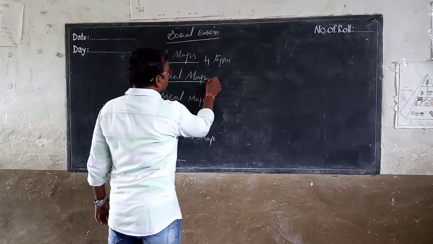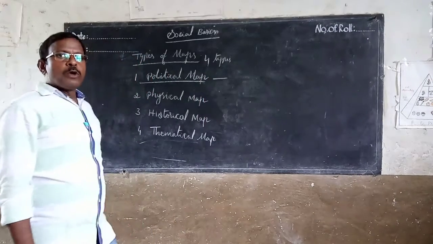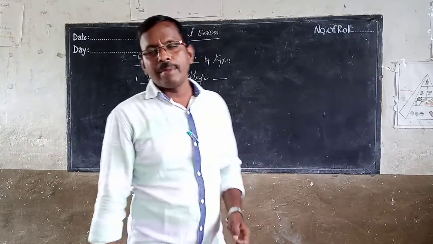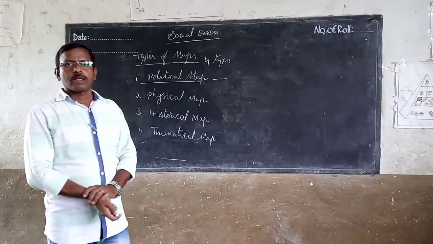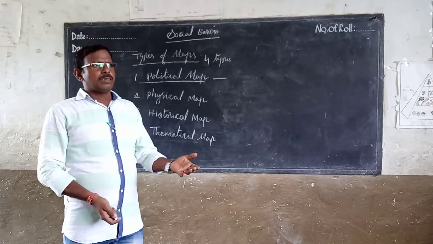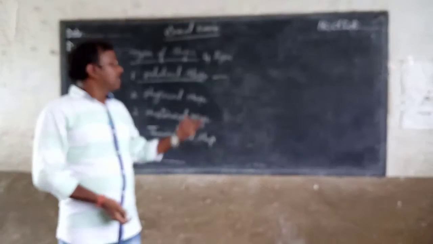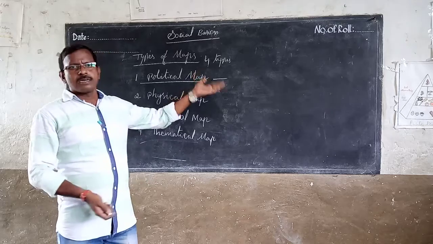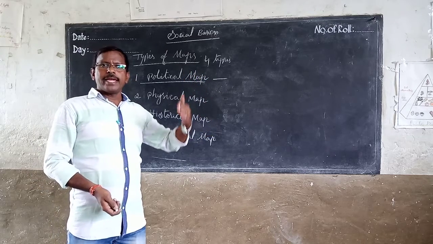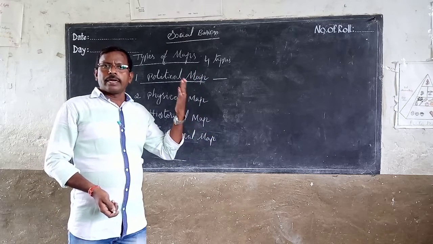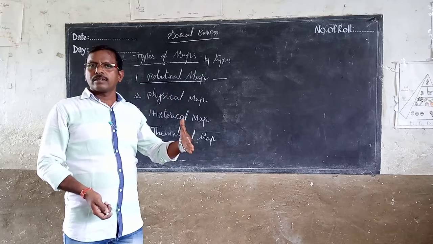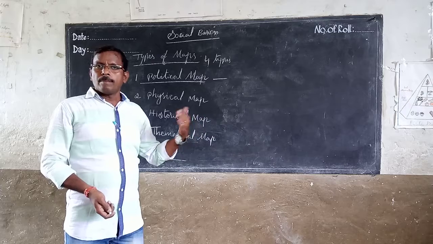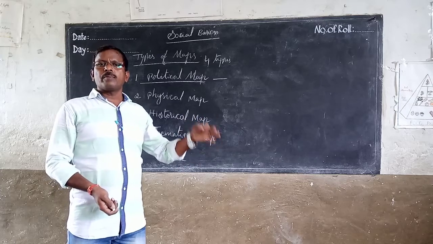Now we'll discuss the political map. A political map tells us about places, which means Asia, we can see in this political map. Otherwise countries, continents, states, districts, cities, towns, villages, mandals, different places.